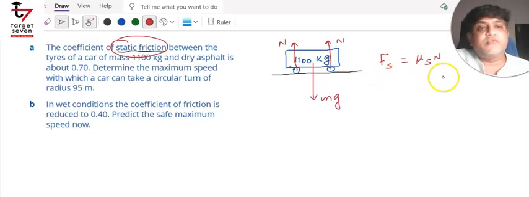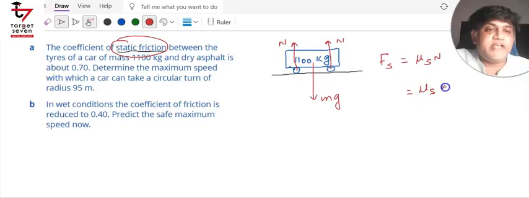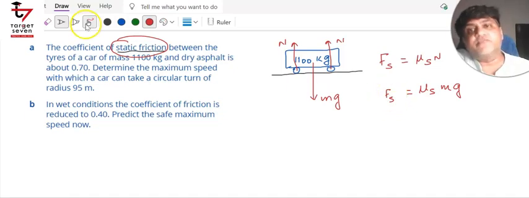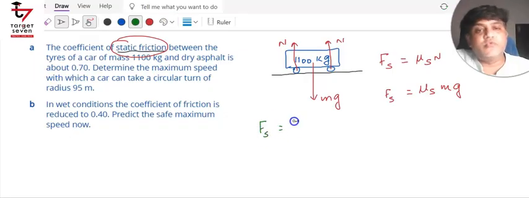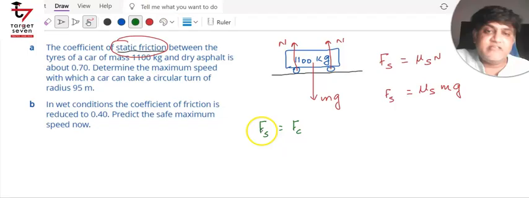So Fs is equal to mu s into N. In this case, N can be written as m into g. So this is our static friction. Now the static friction will be playing the role of centripetal force. Therefore, Fs is equal to Fc, which is the centripetal force. Mu s into mg can then be written as mv squared upon r.